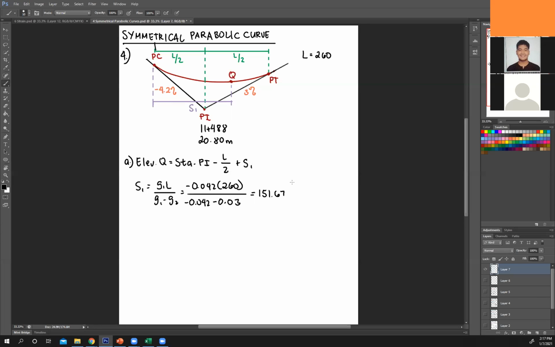Okay, store the value of this. Put it here. So what's 11,488 minus L over 2, so 260 over 2, plus S1, which is 151.67. 11 plus 509.63? Or is that 67? 0.67, correct.